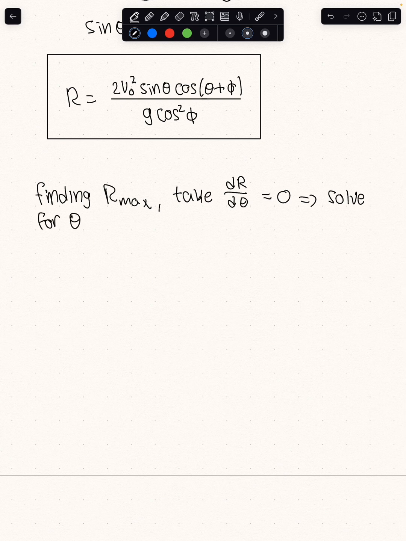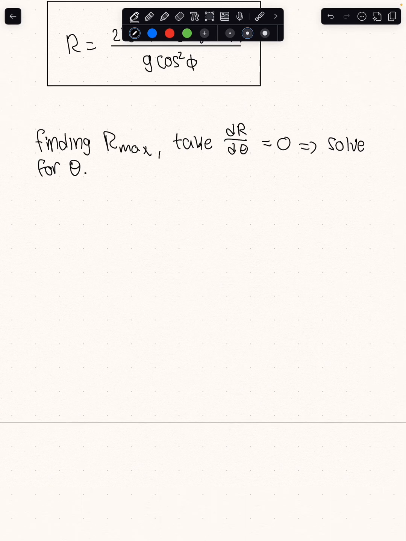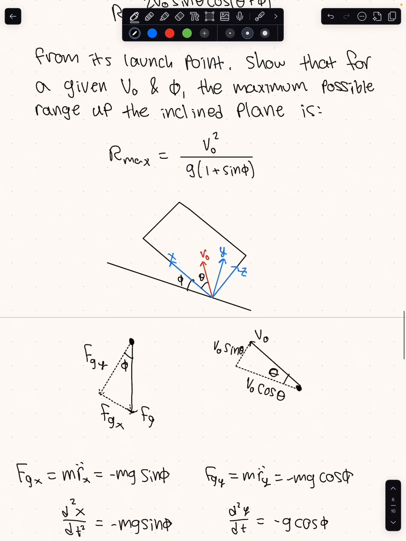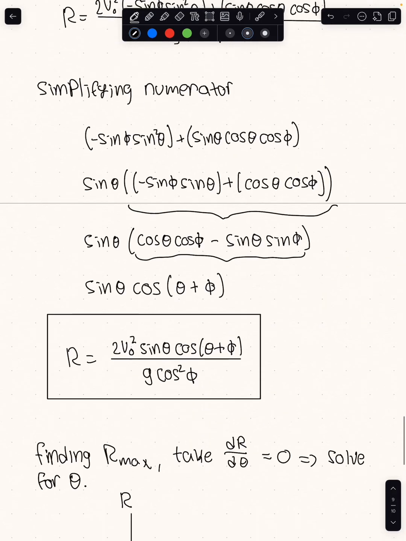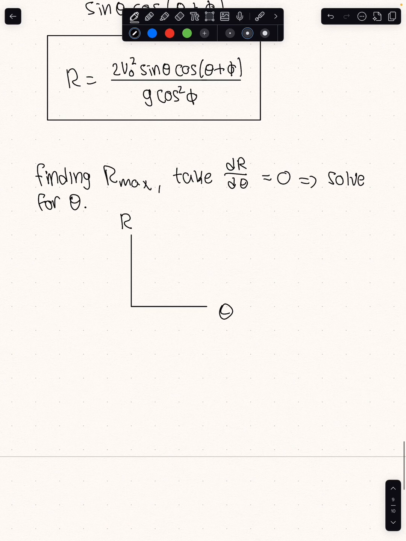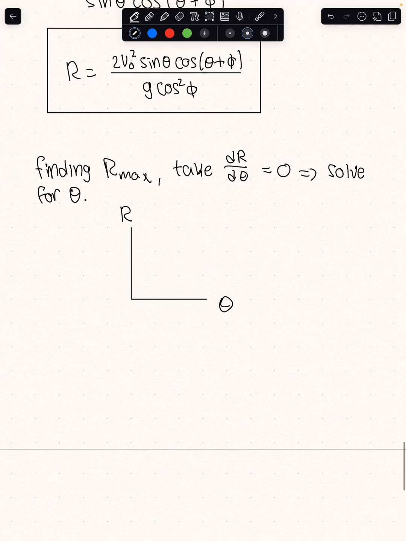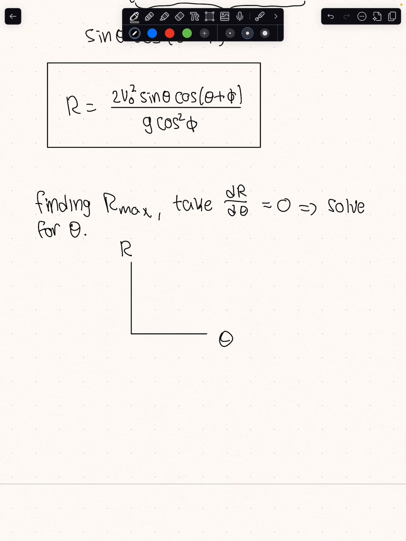Okay, why are we doing that? Well, it's not intuitive at first, but if you imagine a graph where you have r as a function of theta, right? The max distance, or the distance it travels r, is dependent on the initial launch angle theta, right? And if you have no angle, I guess it'll go zero distance.